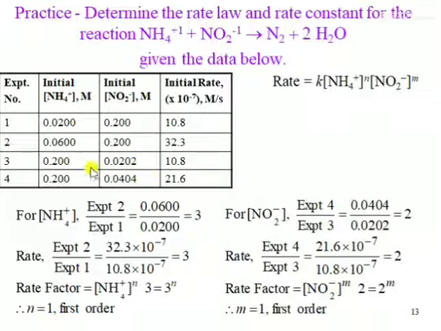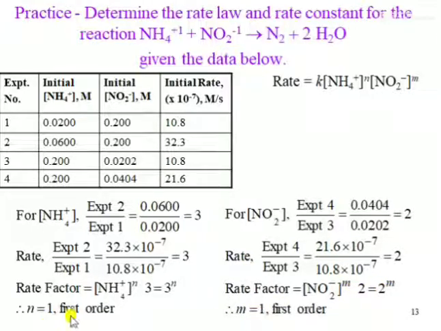Similarly, you will see that in experiment number 3 and 4, the initial concentration of ammonium ion has been kept constant, whereas the concentration of NO2 negative ion has been increased 2 times, and we look at the effect on the rate of the reaction. Again, we compare the concentration values of NO2 negative with the rate values, and the value comes out to be 1.